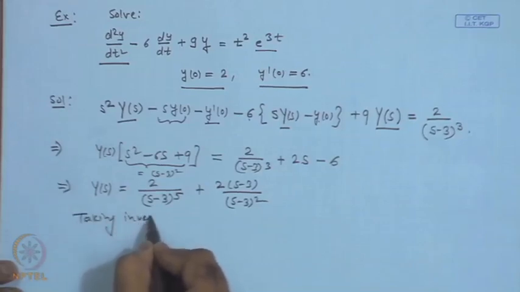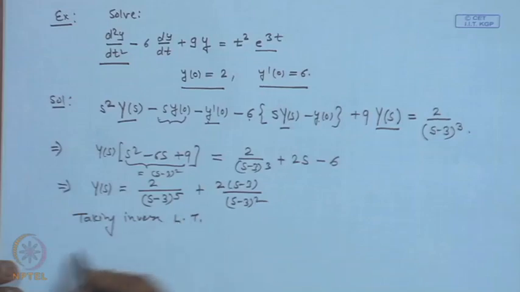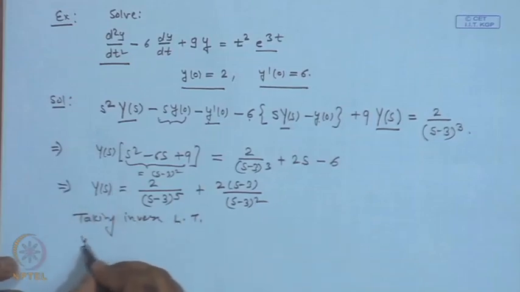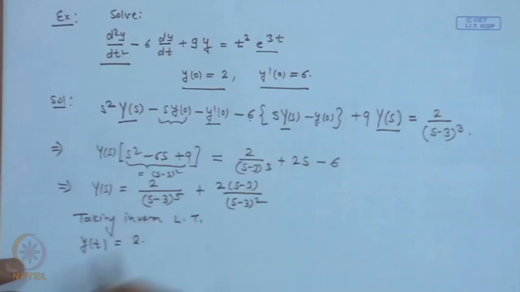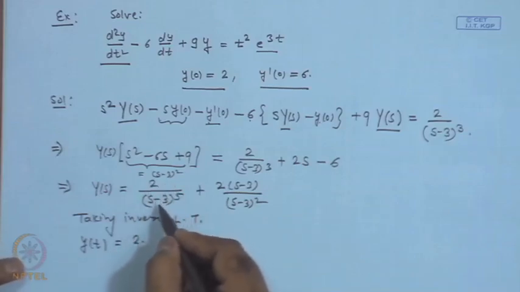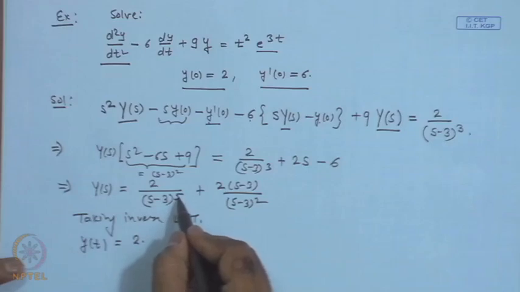Okay, so now, the last step, we take the inverse Laplace transform to get the solution, and we have y(t). So, 2 times the Laplace inverse of 1 over (s minus 3) power 5.